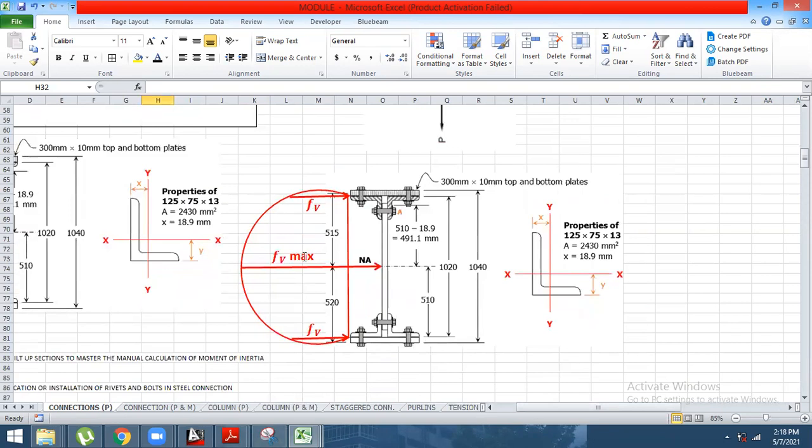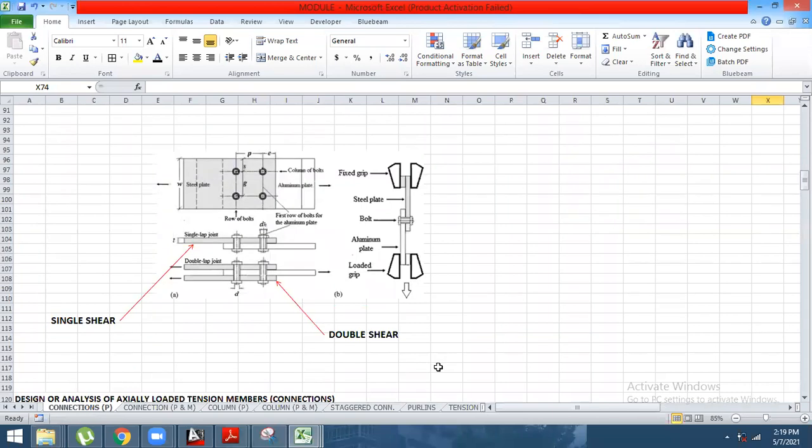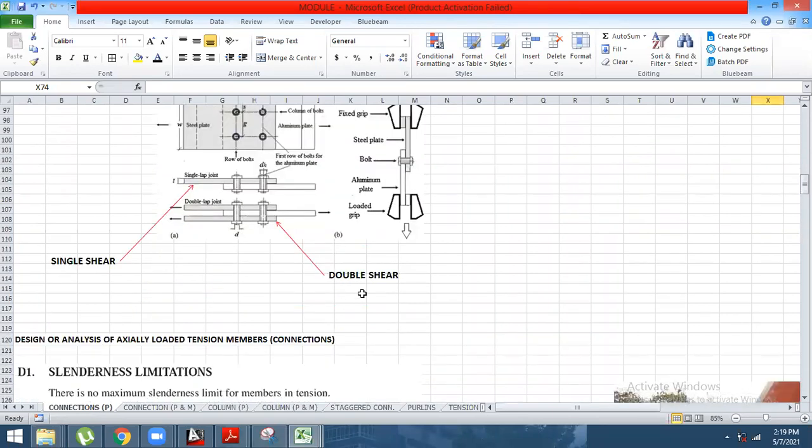There's Fb max, and then there's an Fb. This is my X, and then the Y connection. This is single shear and then double shear.